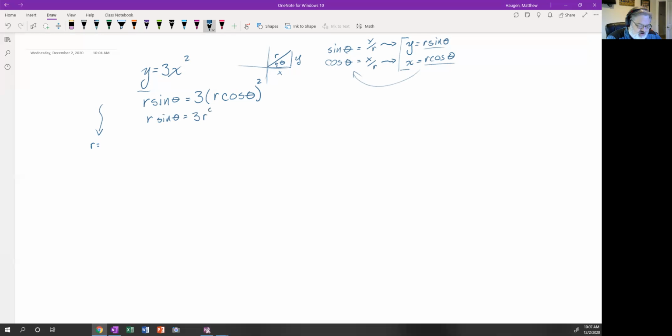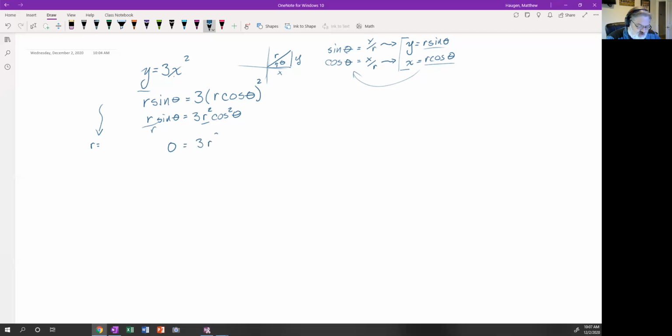Well, that would end up being r squared cosine squared theta. And we could say divide both sides by r. I don't want to divide both sides by r, do I? That assumes r isn't 0, and r could be 0 there. Okay, so I have all kinds of options. How about set this equal to 0?